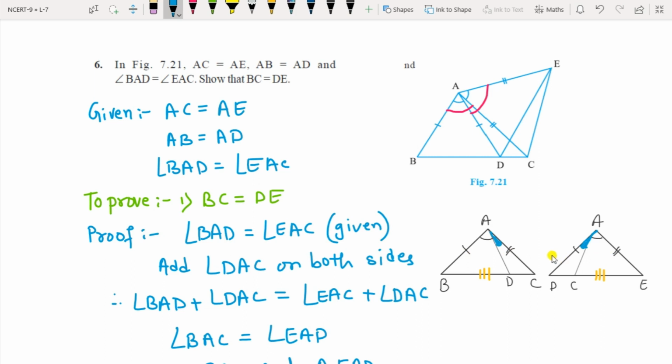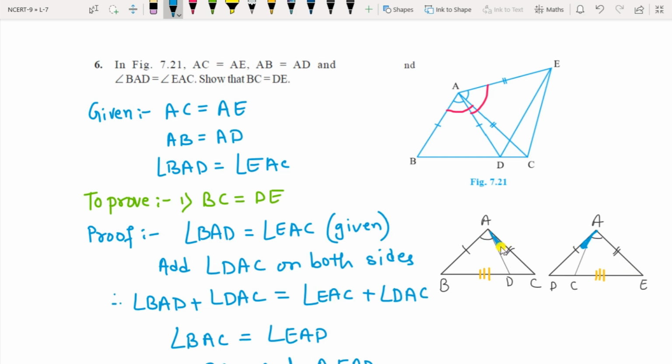And angle BAD is equal to angle EAC, it is given. But to prove triangle BAC is congruent to EAD, we need this angle also, which is not given as equal. So we have to add what I have shown in the blue color here.